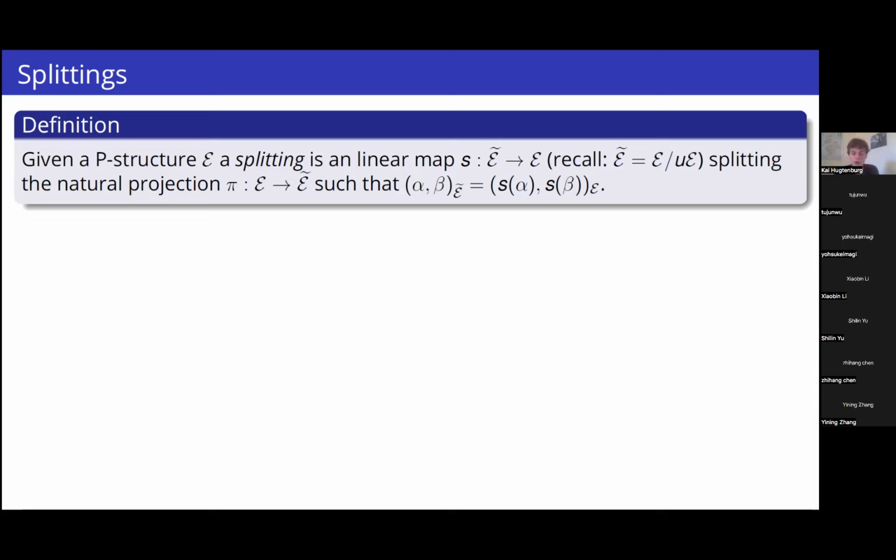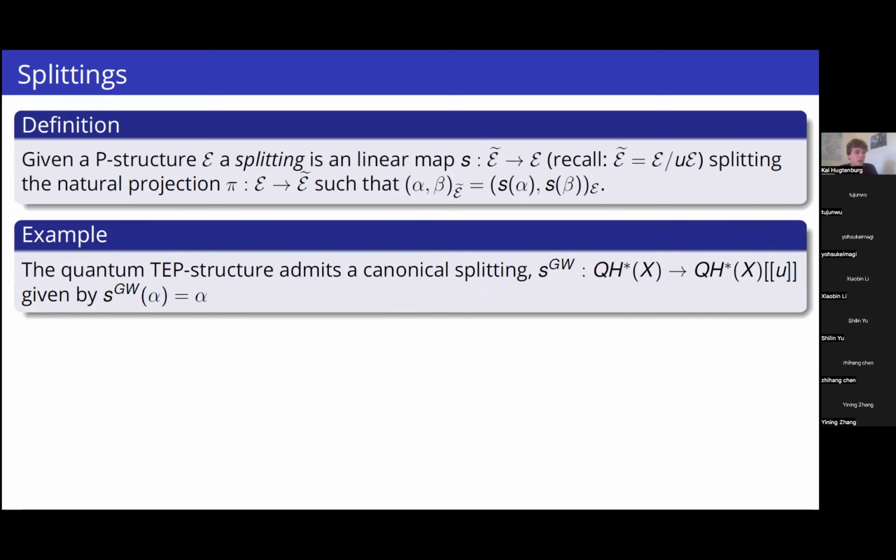And what is this required to satisfy? It's required to respect the pairing. So if you take the pairing of alpha and beta on E tilde, then we require that the splitting respects this pairing. An example of this is the quantum TEP structure, which has a canonical splitting.